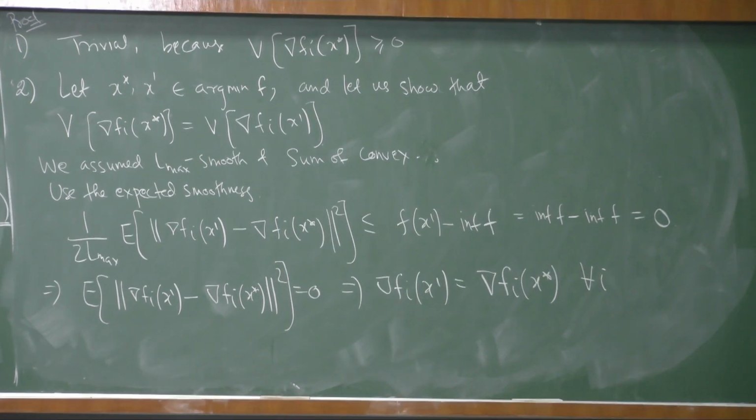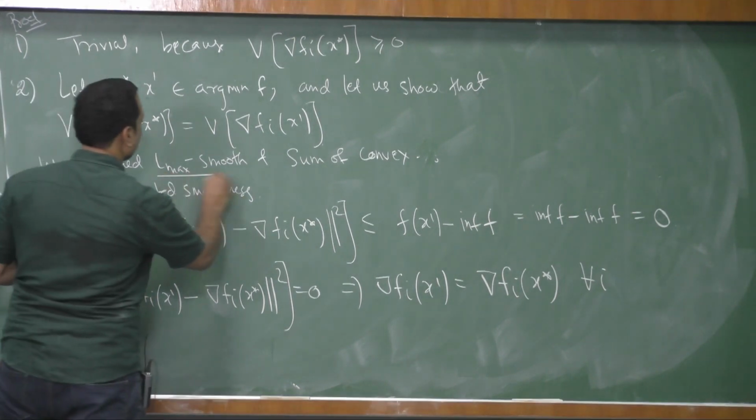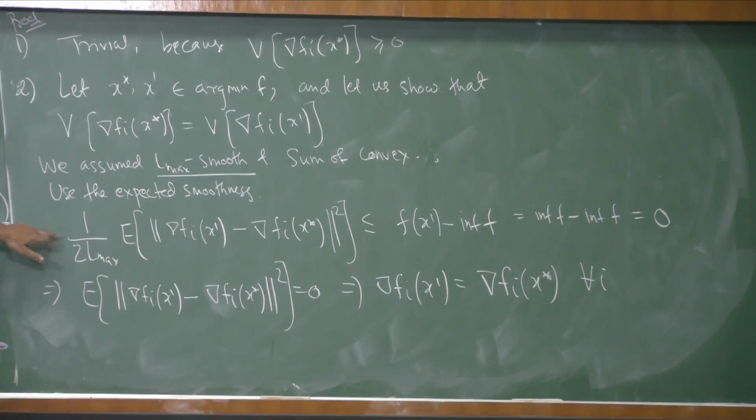We have this L max smoothness given. That's how we are applying this, since expected smoothness was for L max smooth. We have proved this lemma, from where we get this. So we got an even stronger condition, that these gradients are equal.